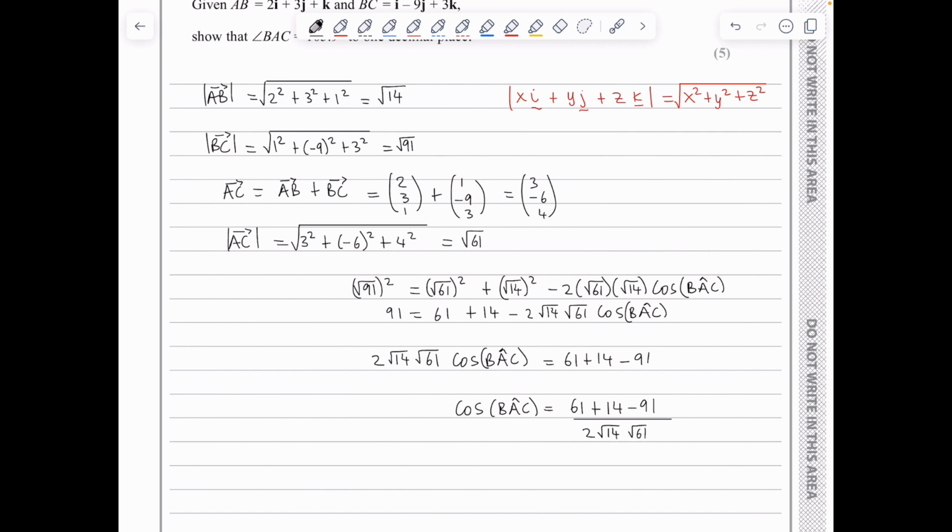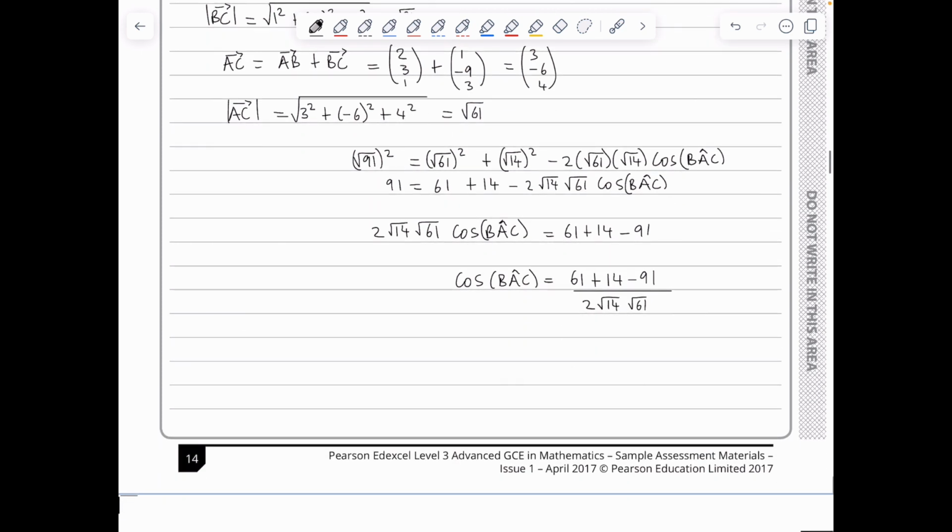I'll do shift cos and we get that BAC is 105.8877, which is 105.9 degrees to 1 dp as required.